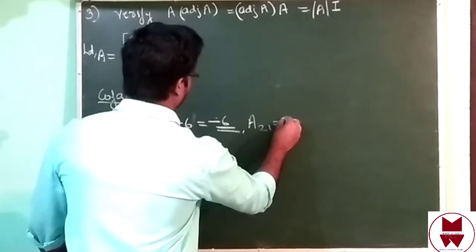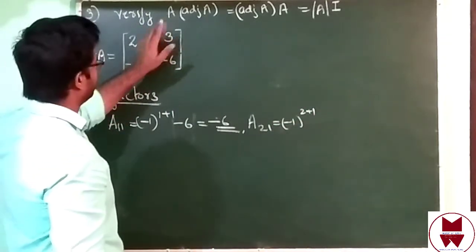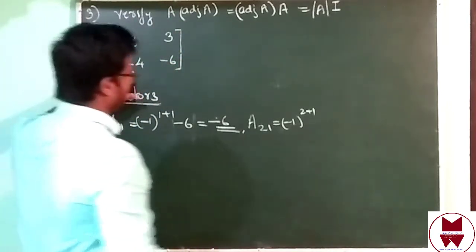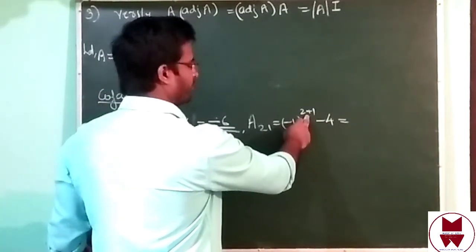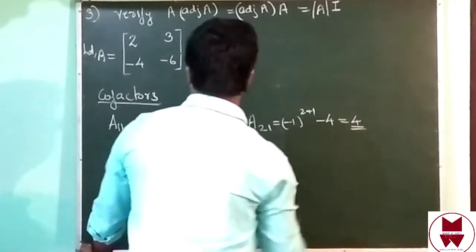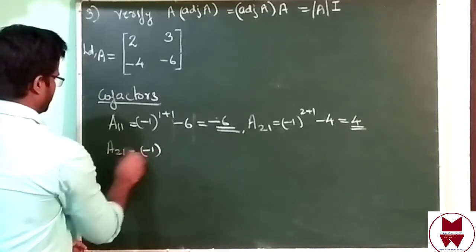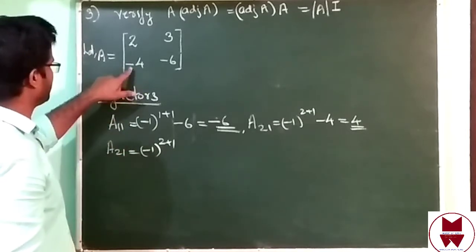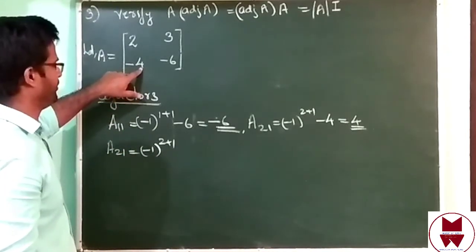A12, minus 1 to the power 1 plus 2. This element: delete the second column and first row. What is remaining? Minus 4. Equal to minus 1 whole cube, that will be minus 1. Minus 1 into minus 4, you will get 4. Next, A21, minus 1 to the power 2 plus 1. Second row and first column, the cofactor of this element.